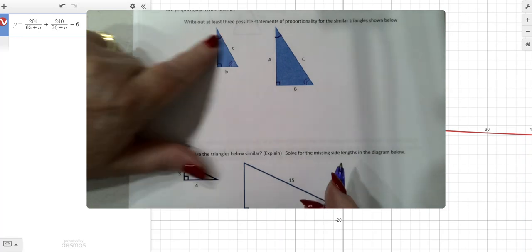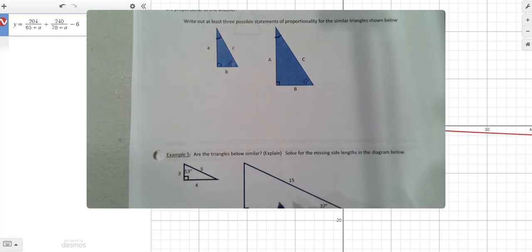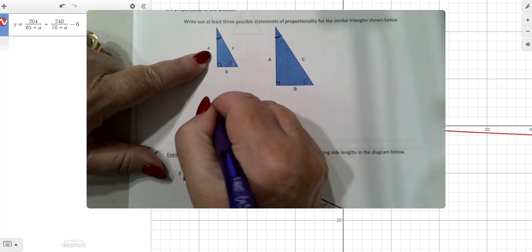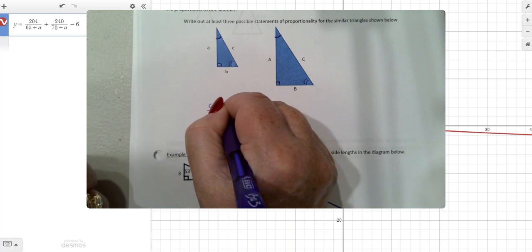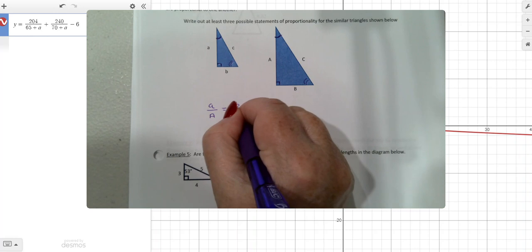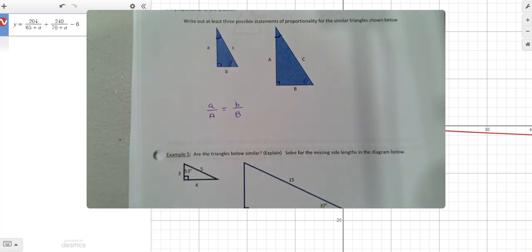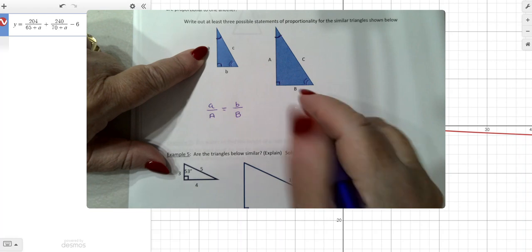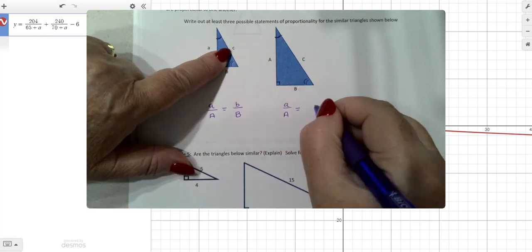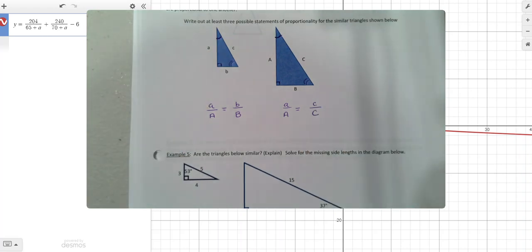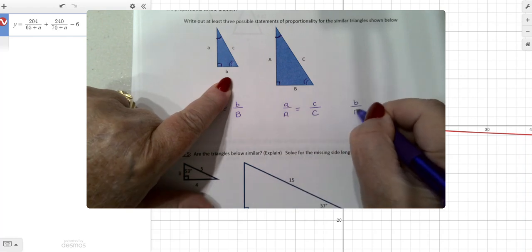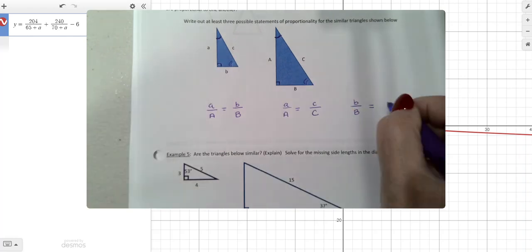So it says write out at least three possible statements of proportionality. I could, for example, say that the ratio of little a to big A has to be the same as the ratio of little b to big B. Alternatively, I could say the ratio of little a to big A has to be the same as the ratio of little c to big C. Or I can say the ratio of the b's has to be equal to the ratio of the c's.